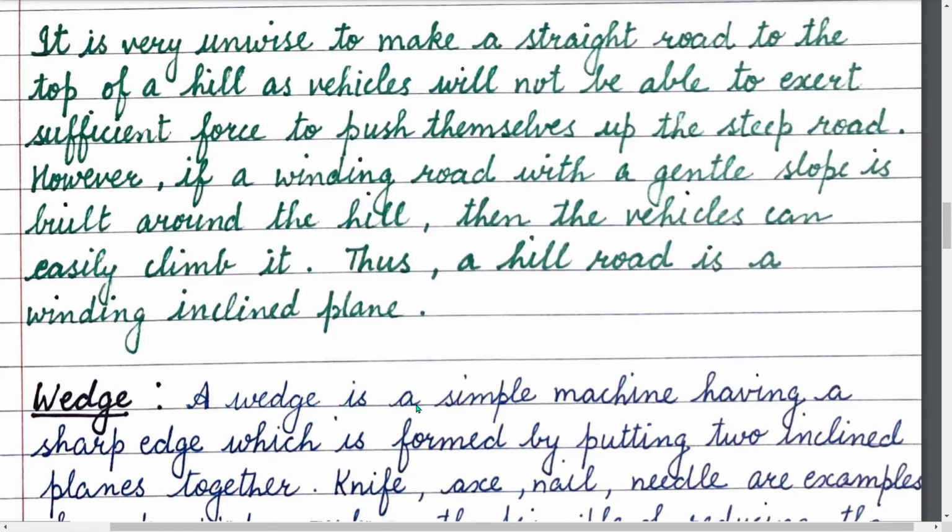Next is wedge. A wedge is a simple machine having a sharp edge which is formed by putting two inclined planes together.